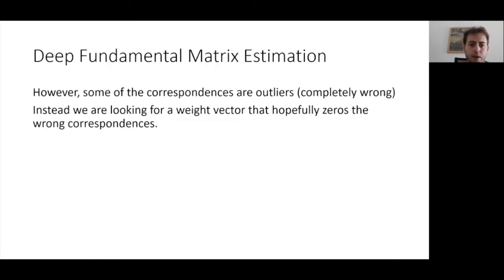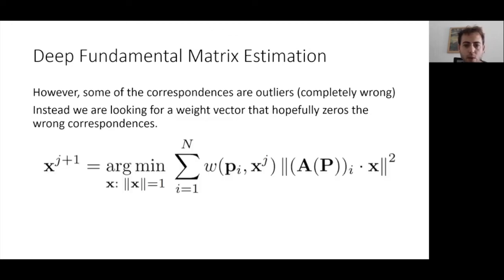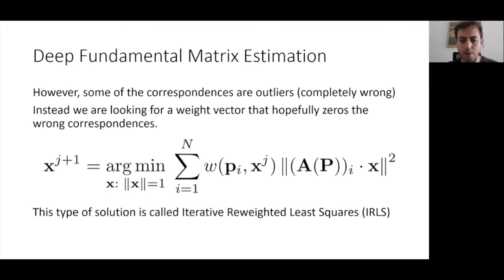So in order to deal with that, there is a way to weight correspondences in a way that wrong correspondences are weighted low by 0, and true correspondences are weighted by 1. So that's the hope, but we don't know which correspondences are wrong and which are correct. So one way to do that is iteratively with an algorithm called iteratively weighted least squares.